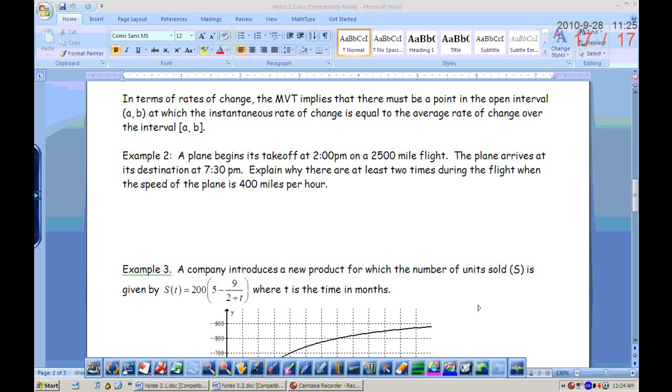Okay. Let's start with finding the average speed. Your average speed is basically the slope between the two endpoints, or change in position over your change in time.